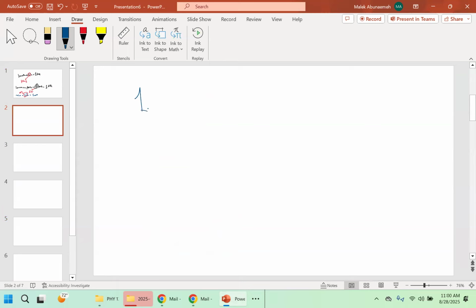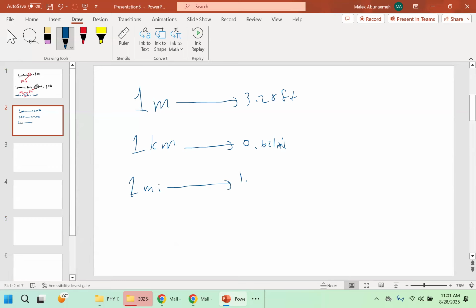For every 1 meter, it's going to be 3.28 feet. 1 kilometer is going to be 0.621 miles. 1 mile, if you do it in the opposite, would be 1.609 kilometers.